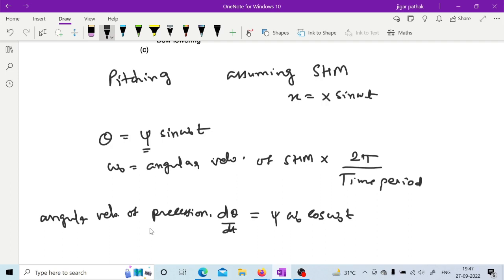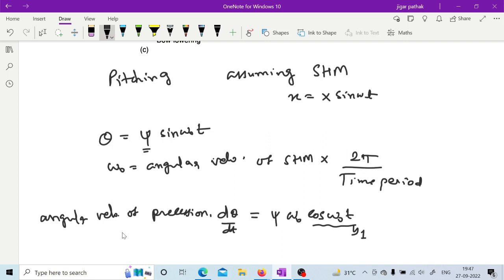Right. Once you have calculated this d theta by dt, it will be maximum when cos omega 0 t is 1, right? At that point it will be maximum.